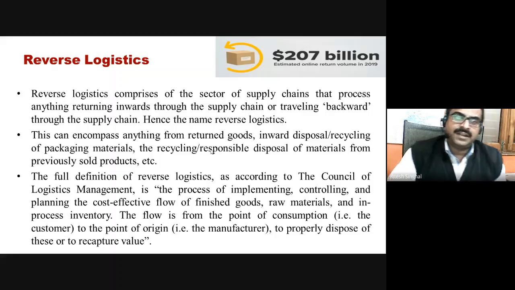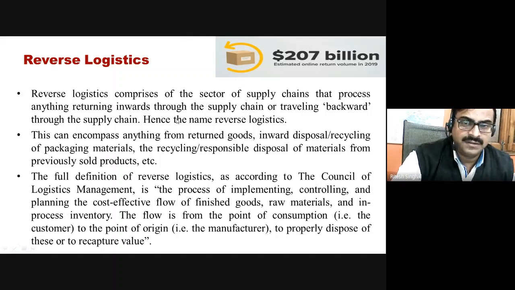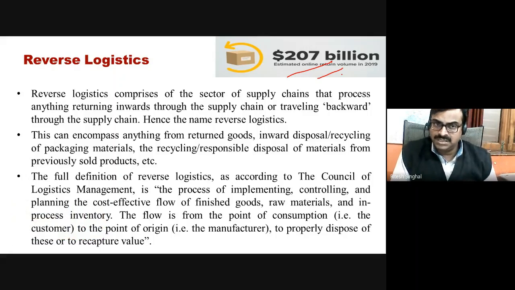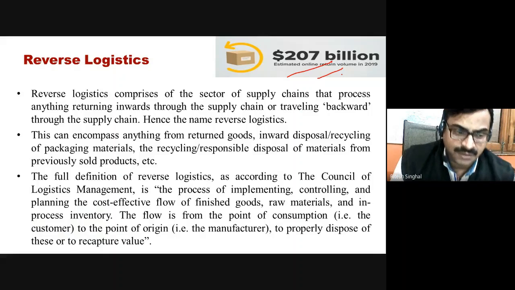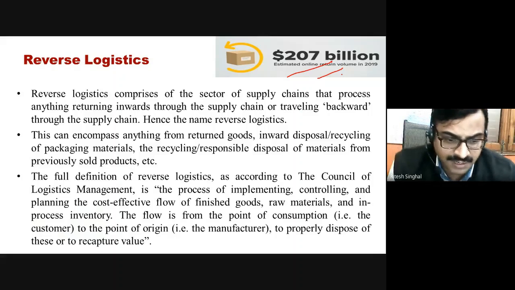This figure, quoted by Amazon itself, says that in 2019, Amazon had returns worth 207 billion US dollars. See the importance of this industry. Without reverse logistics, you cannot effectively play in the market.